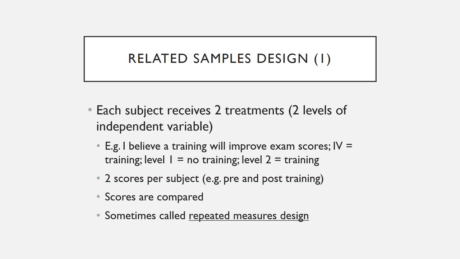So every participant receives every level. They go through the first time period where they give you the exam scores without the training and then again post training. So this is why it's called a repeated measures design. Participants are undergoing multiple rounds of data collection, and you're comparing individuals to themselves.